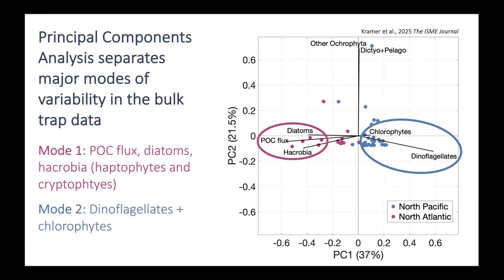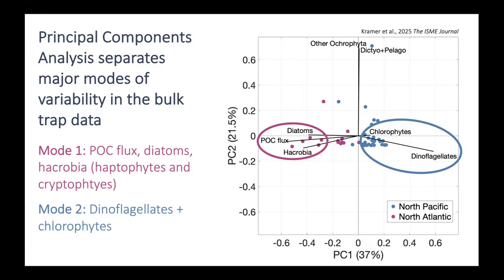And what we found is that we had broad associations between POC flux and two major phytoplankton taxa detected from DNA that can also be linked to pigments. So diatoms and photosynthetic Hecrobia, which includes haptophytes or prymnesiophytes and cryptophytes. And then in contrast to this mode of variability, we had a second mode with dinoflagellates and chlorophytes.